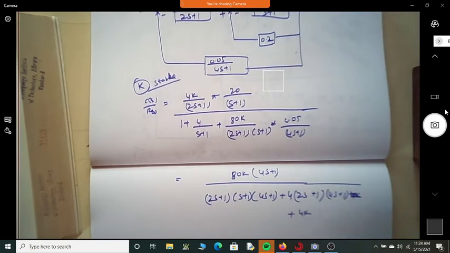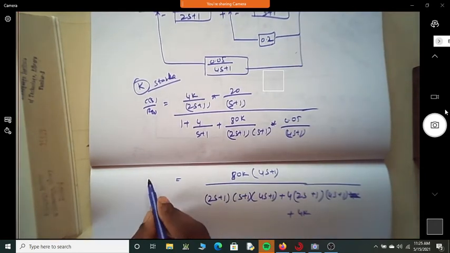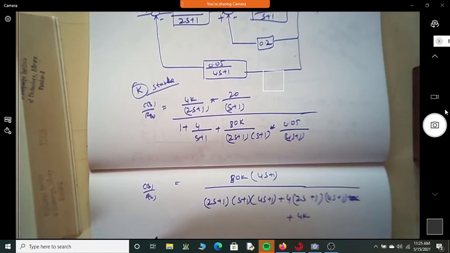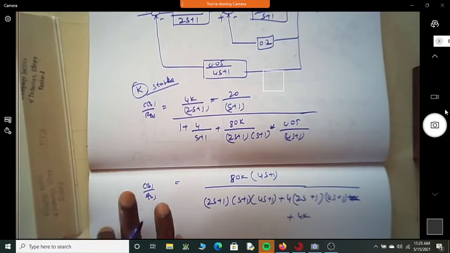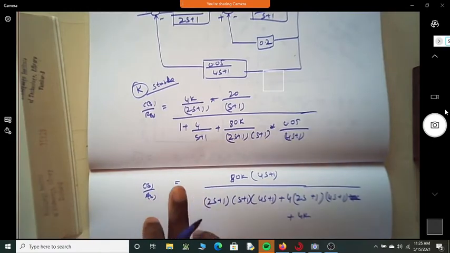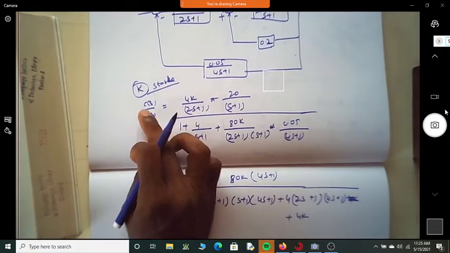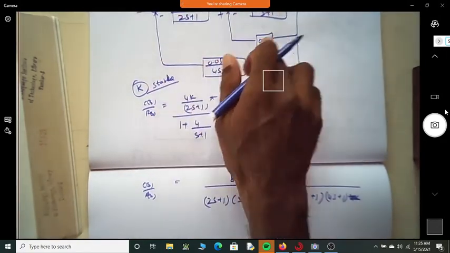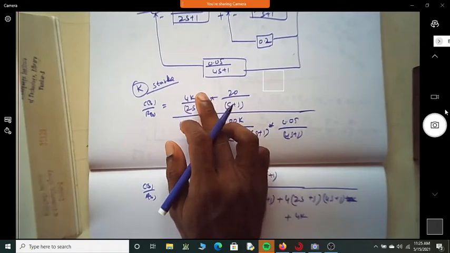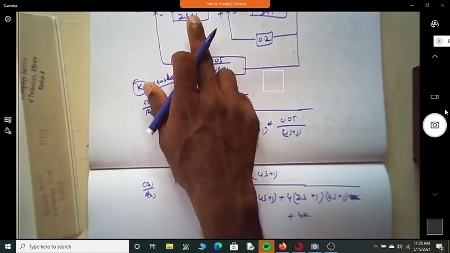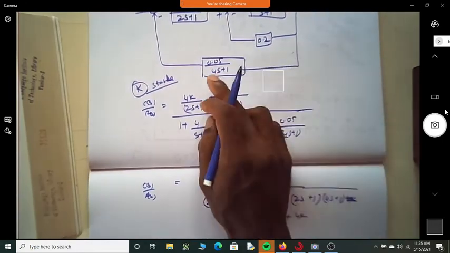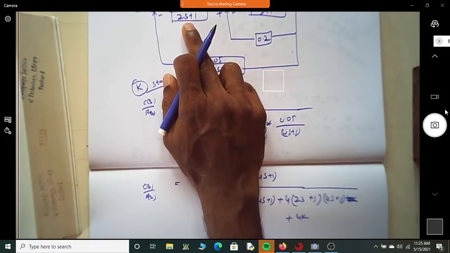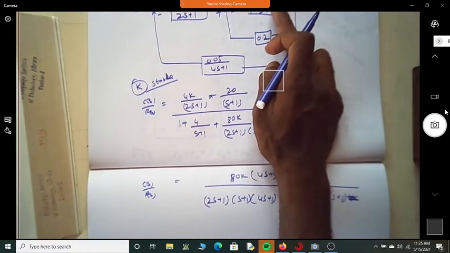Okay, the whole idea is this is your CFS by RFS. Am I correct? If you are asked to find the value of K for this, you have to write CFS by RFS. CFS by RFS is getting the transfer function for this one. What we are writing is the forward path, from here to here is 4k divided by 2s plus 1 multiplied by 20 by s plus 1.